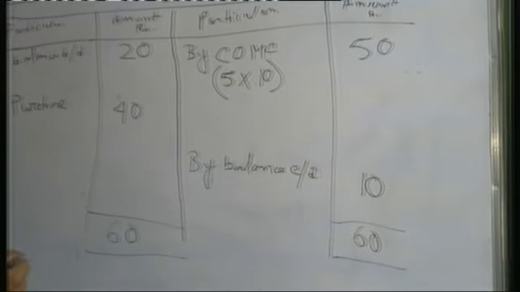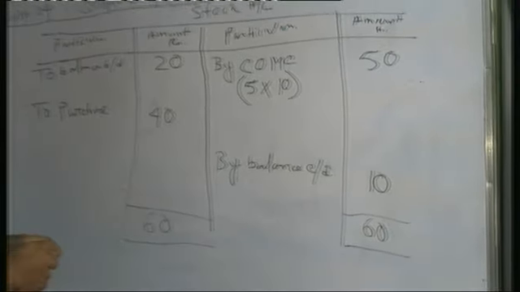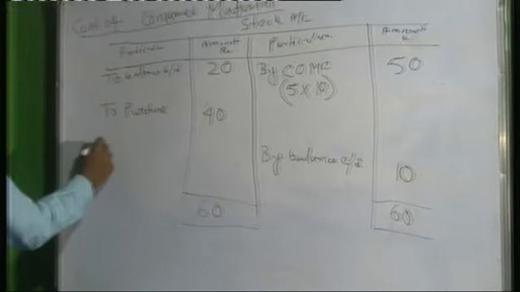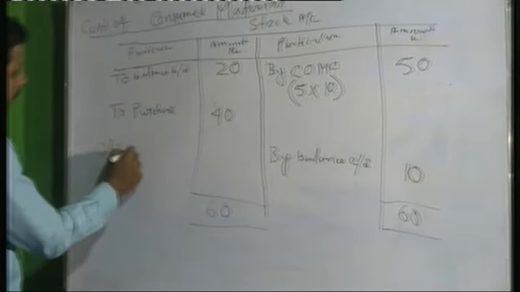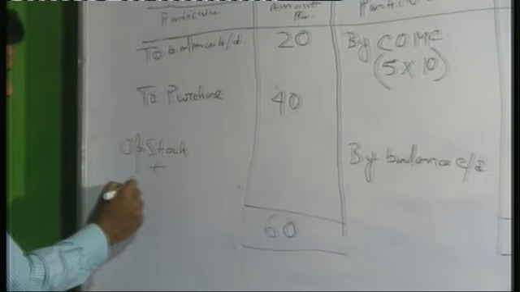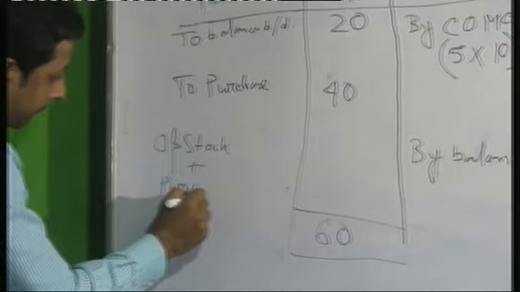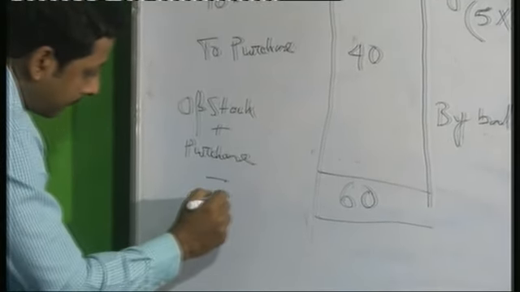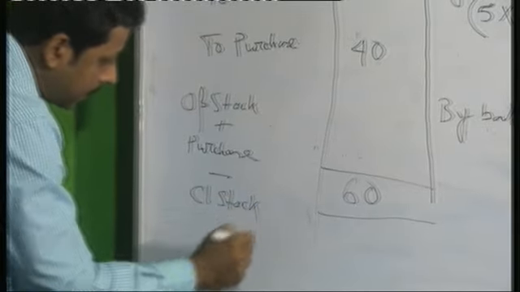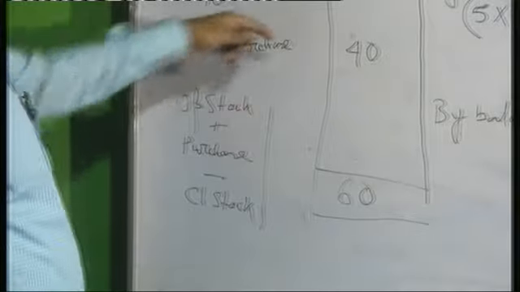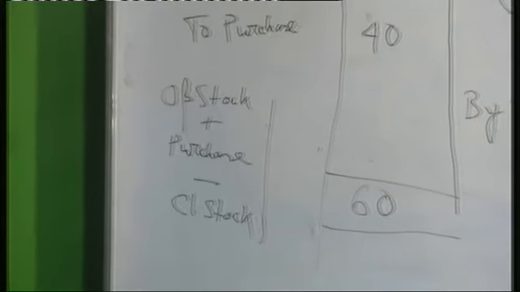Okay. So how can you get the cost of material consumed? This is opening stock plus purchase minus closing stock. That is depicted in our accounting way.